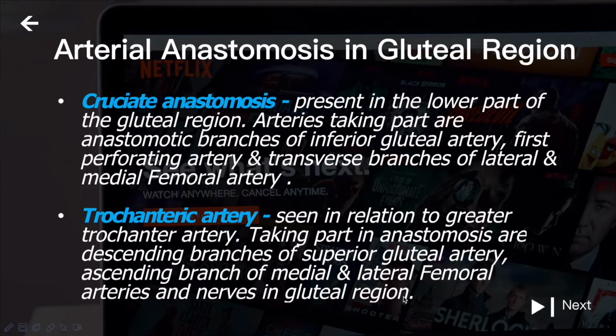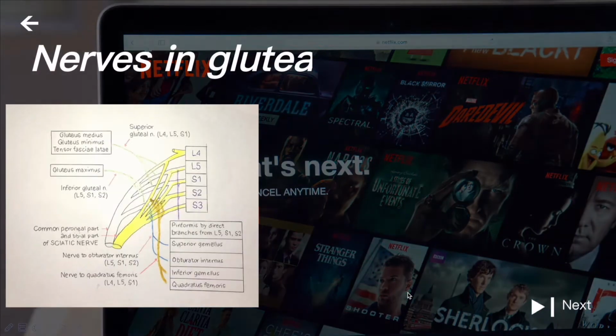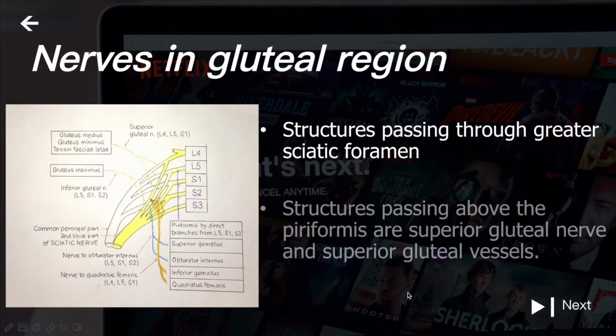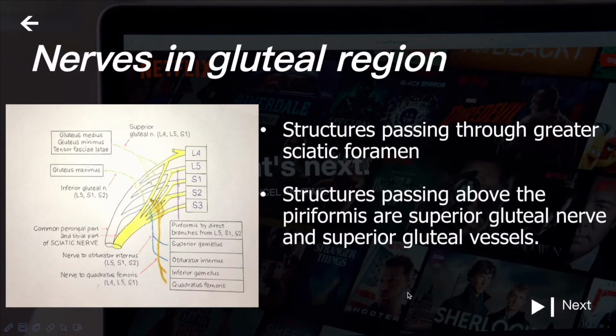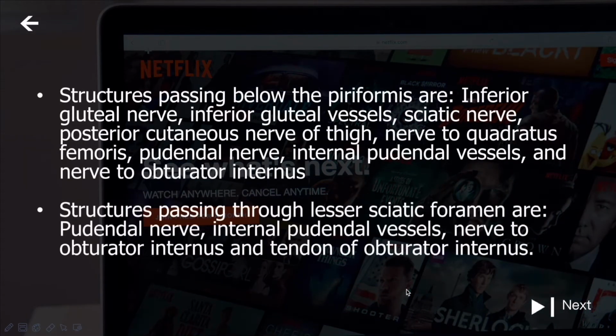Nerves in the gluteal region. Structures passing through the greater sciatic foramen: structures passing above the piriformis are the superior gluteal nerve and superior gluteal vessels. Structures passing below the piriformis are the inferior gluteal nerve, inferior gluteal vessels, sciatic nerve, posterior cutaneous nerve of thigh, nerve to quadratus femoris, pudendal nerve, internal pudendal vessels, and nerve to obturator internus.